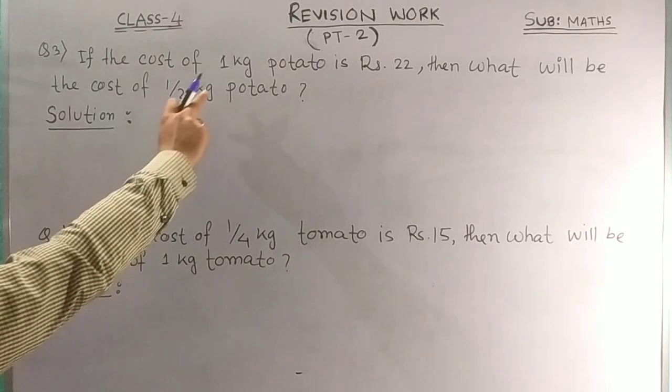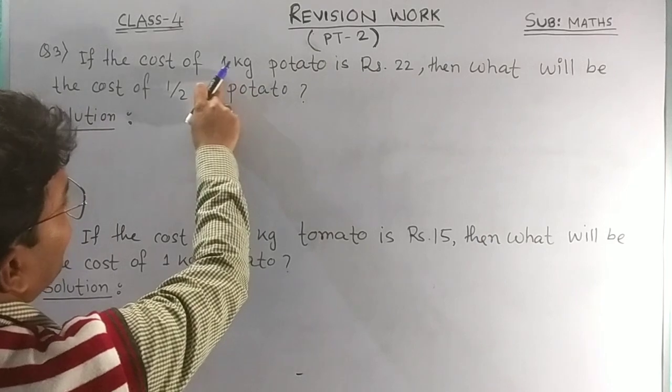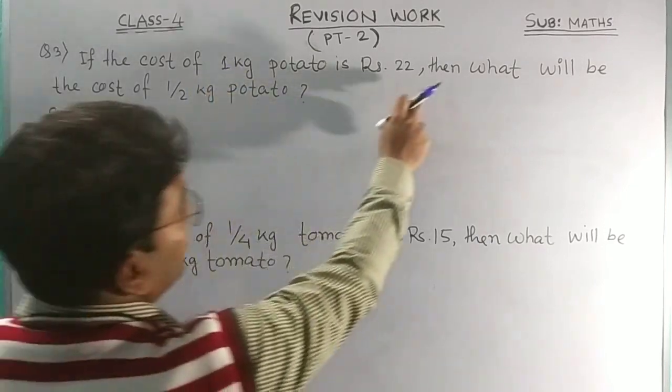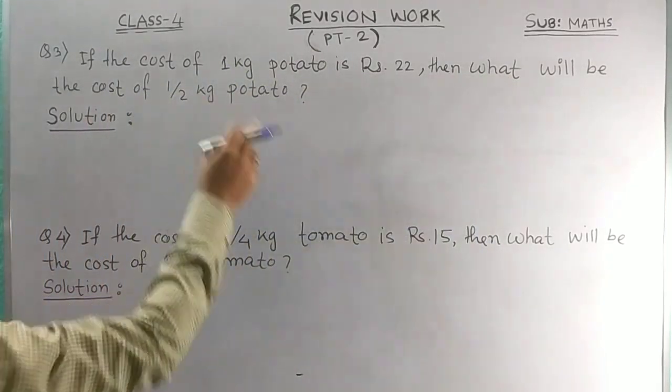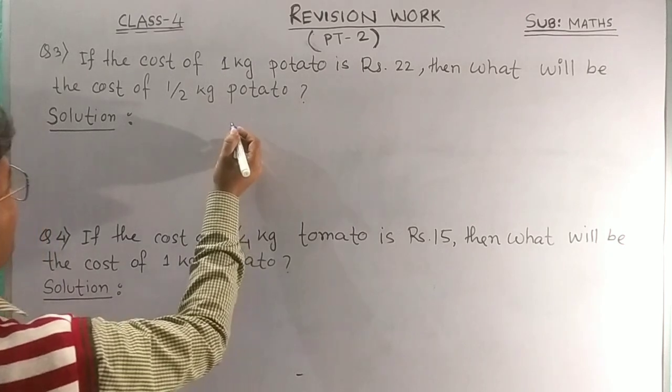If the cost of 1 kg potato is rupees 22, now it is given very easy, it is 1 kg. Then what will be the cost of half kg? Means it is the opposite of the last question. Okay, so solution, what you need to write?